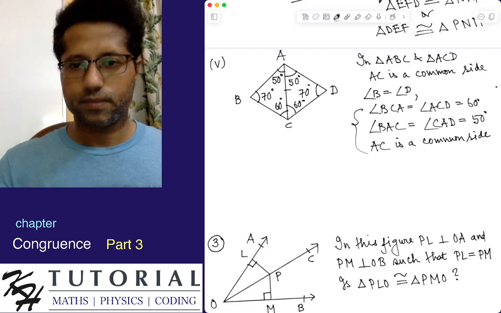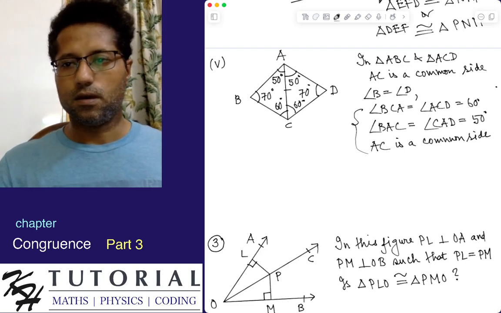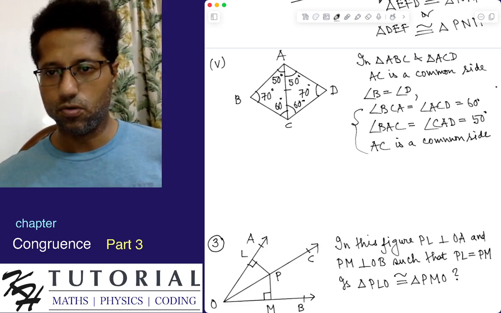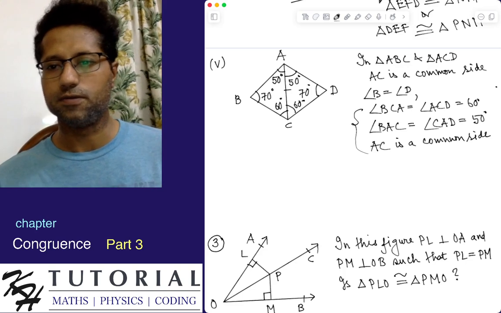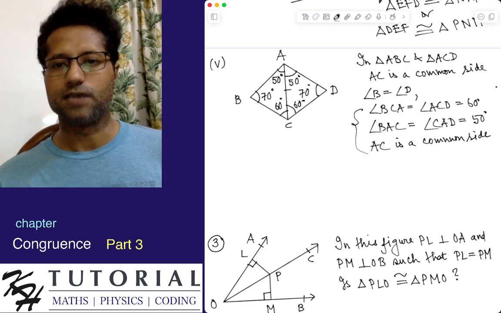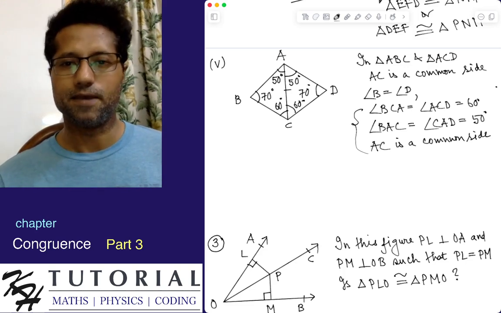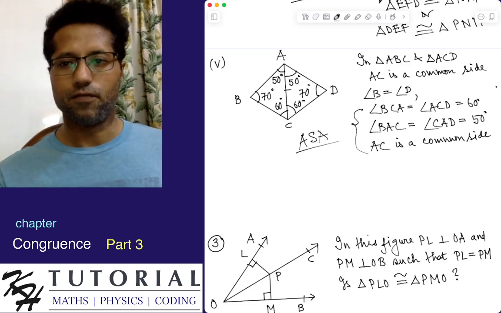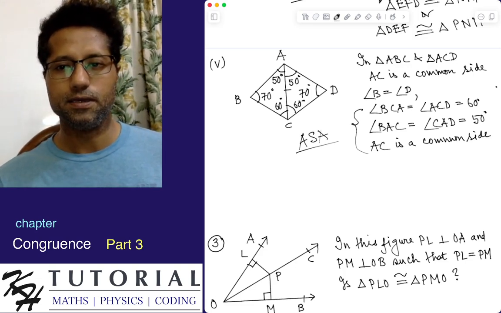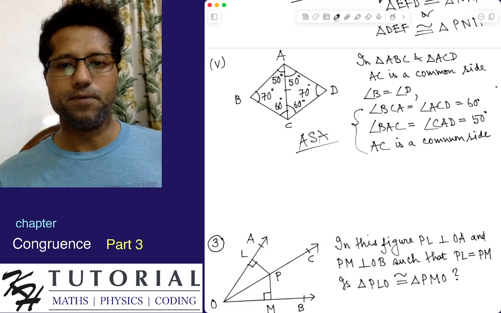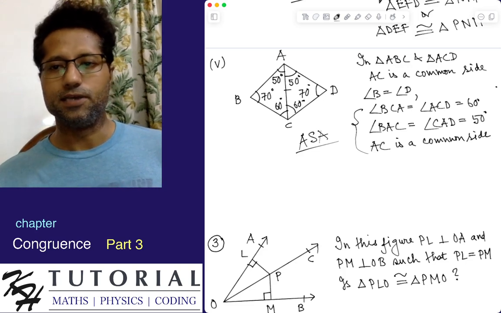If you consider these three matching pairs, that is two angles and the side included between those two angles being the same, we have the angle-side-angle congruence condition. Angle BCA is equal to angle ACD, angle BAC is equal to angle CAD, and AC is a common side.